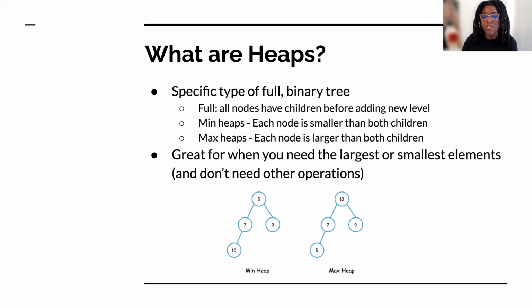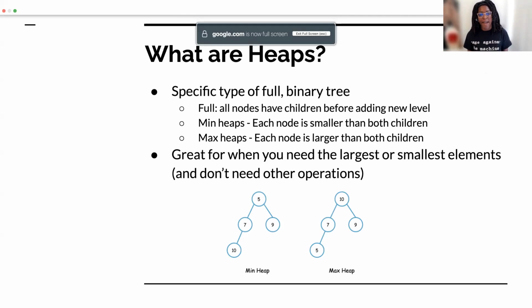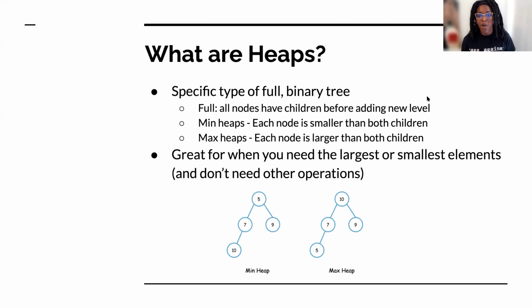So what are heaps? Heaps are a specific type of binary tree. And apologies to people who aren't really familiar with what binary trees are. It's not something that we've covered yet, but it's something that we're going to cover in the future. Just for now, bear with me. Heaps are a specific type of binary tree. First, they're full, meaning that before you start a new level, each node has to have 2 children.